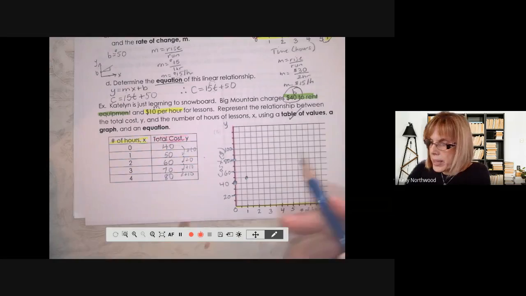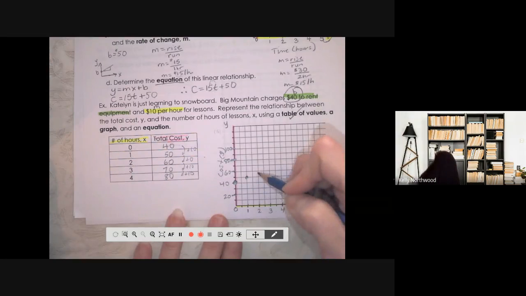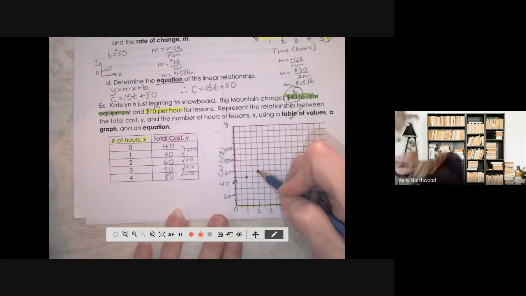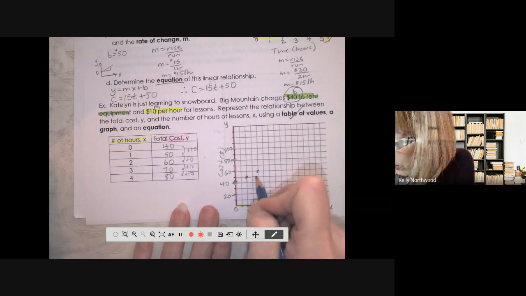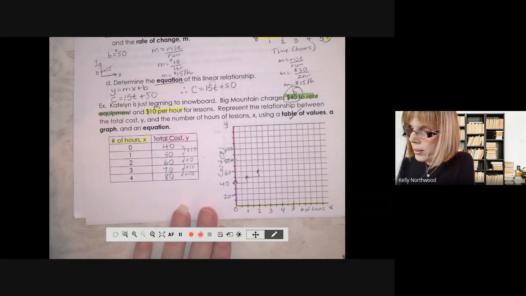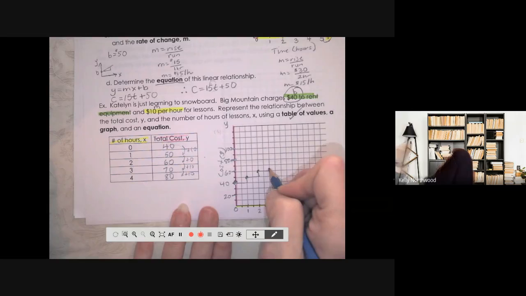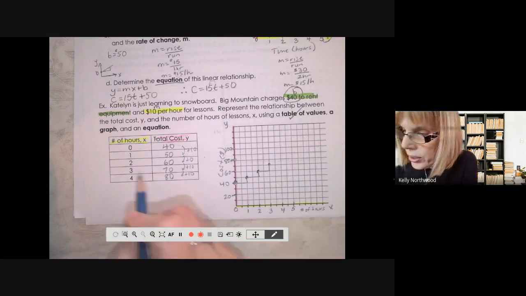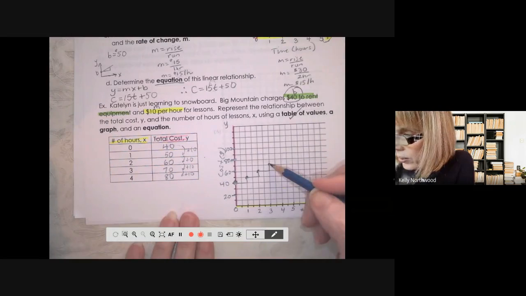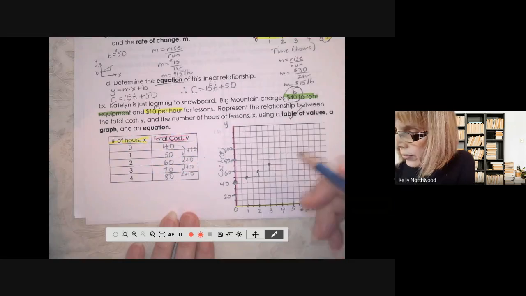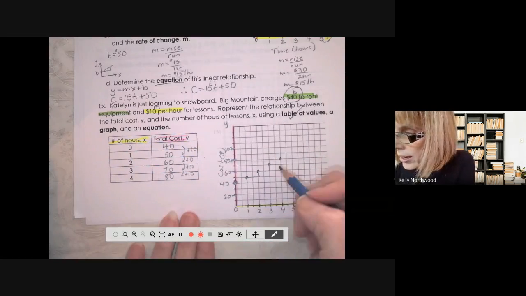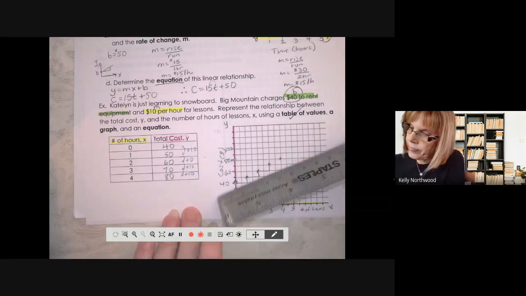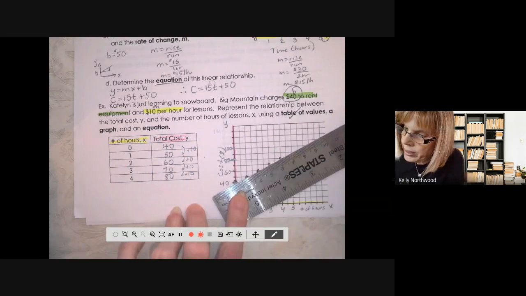The third row in my table represents 2 and 60. And you should start seeing the staircase, over 2, up 1, over 2, up 1. So I'm going to predict over 2, up 1. And sure enough, 3 and 70 is right there. Over 2, up 1, 4 and 80 is right there. So there's my line.